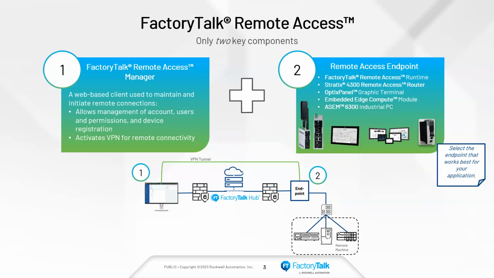The remote endpoint can be installed either as a runtime application on a Linux or Windows device, or it can be pre-installed on certain products offered by Rockwell Automation, such as the Stratix 4300 remote access router, the Optix panel, the Embedded Edge Compute module, or the ThinManager 6300 industrial PCs.